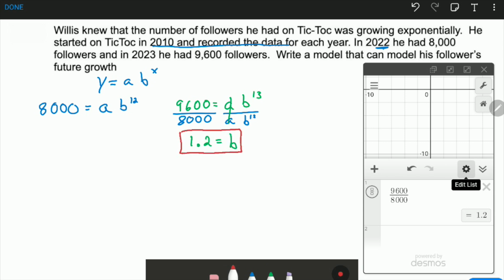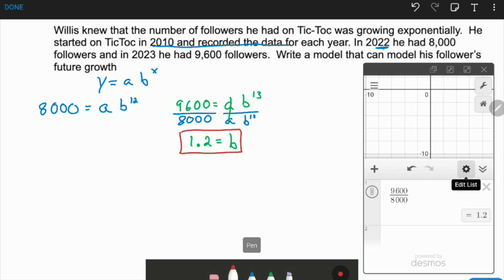Now, if the years are sequential, you can essentially just divide the later year by the first year and find the same thing. But approaching it this way works even if the years are not sequential. You would just have an extra step to get rid of the exponent if the years aren't sequential.